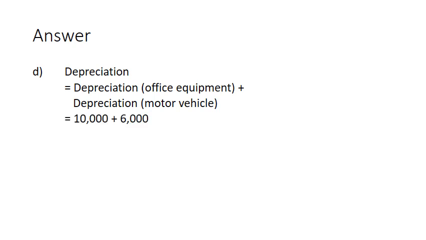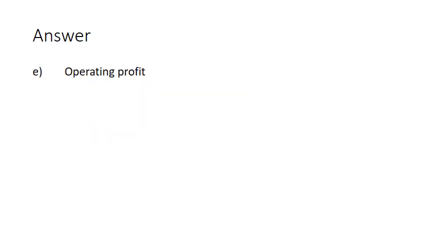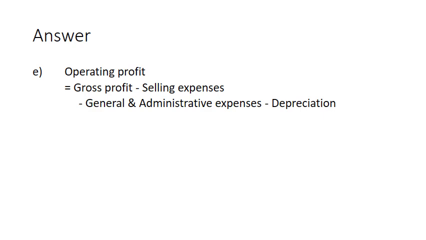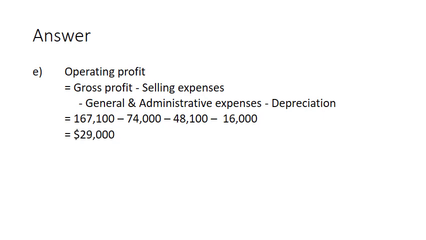So it's 10K plus 6K, which equals 16K. Operating profit equals gross profit minus selling expense minus G&A expenses minus depreciation expenses. So it's 167,100 minus 74K minus 48.1K minus 16K, which gives you 29K.